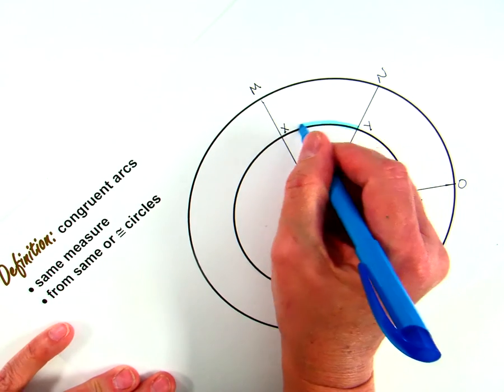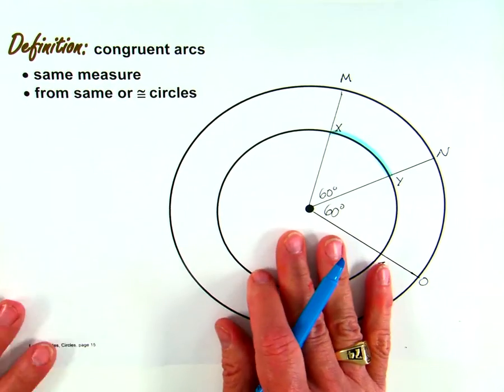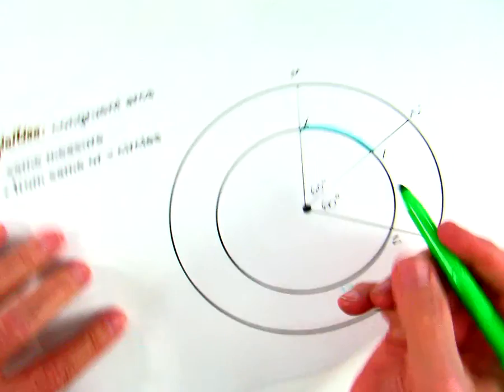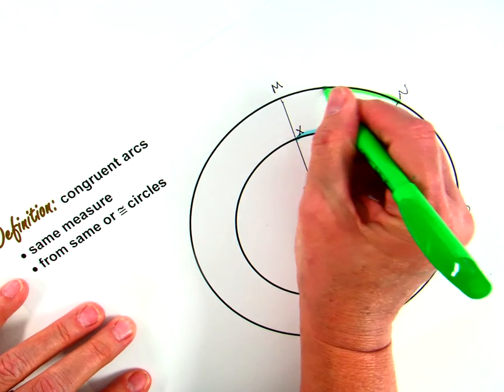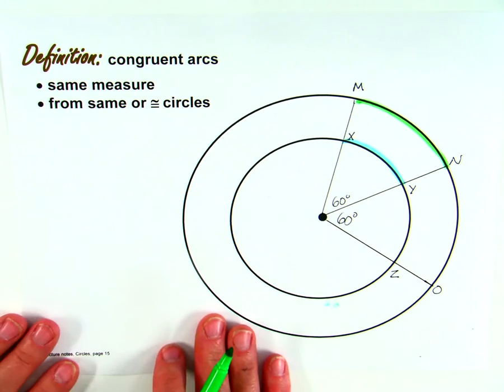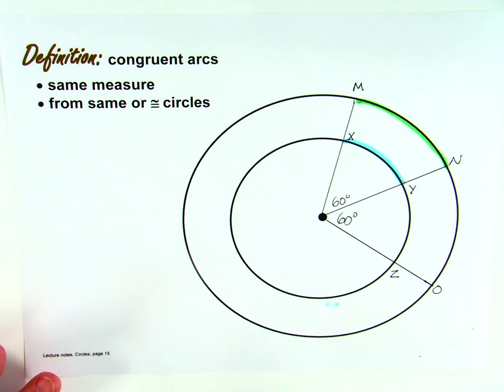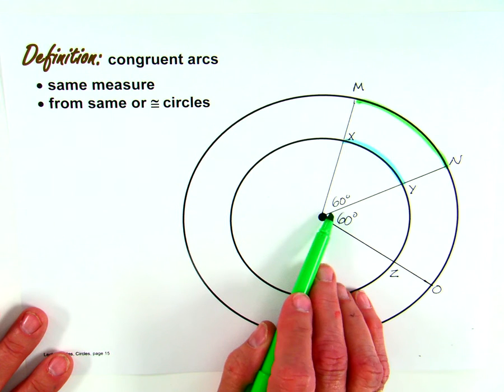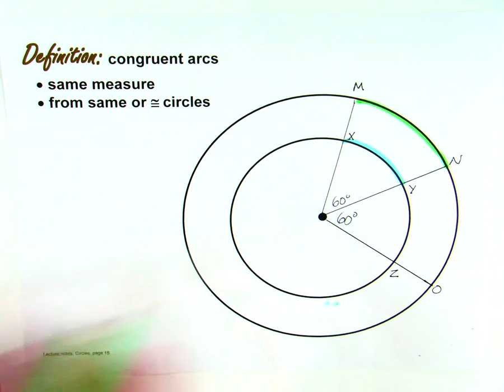This one right here that I'm marking in blue. Does the arc XY have the same measure as the arc MN that I'm marking here in green? It does, because recall that the measure of the arc is the central angle. They both have the same central angle of 60 degrees, so they have the same measure.